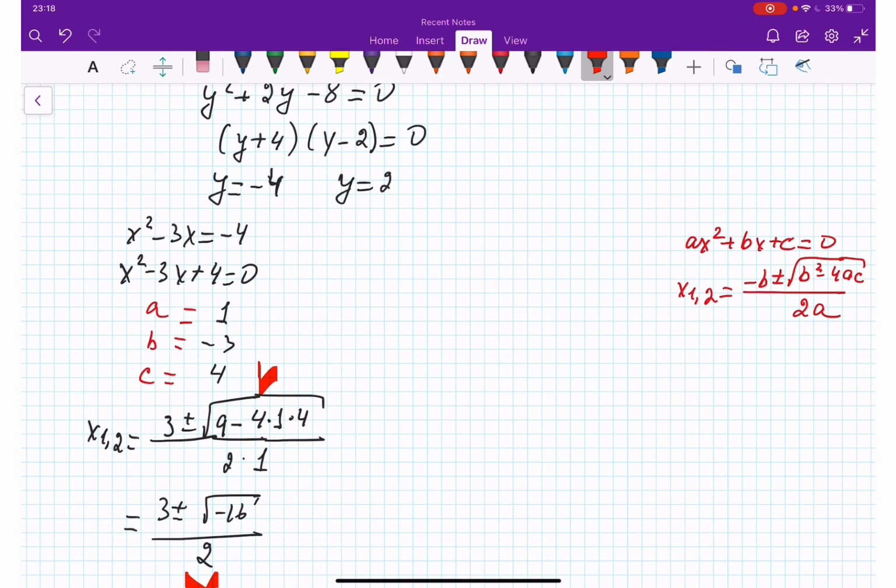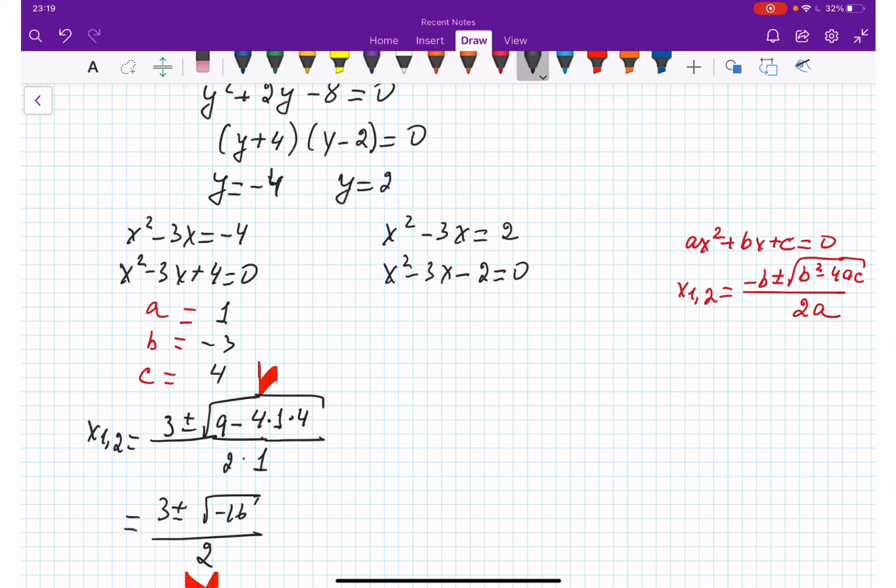So y is equal to 2, and reversing the substitution, x squared minus 3x is equal to 2, so x squared minus 3x minus 2 is equal 0. And again, since I can't FOIL it because I can't get two numbers whose product gives you negative 2 and sum negative 3, therefore, I'm going with the method of discriminant.